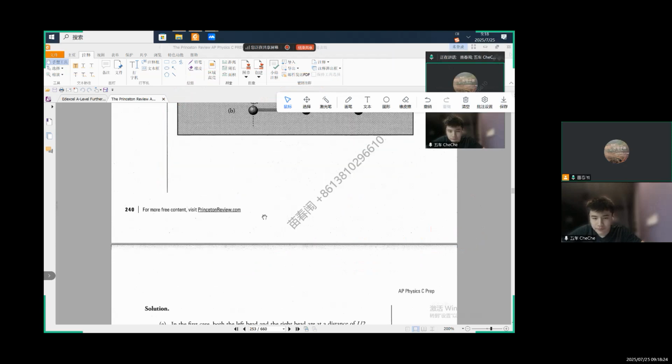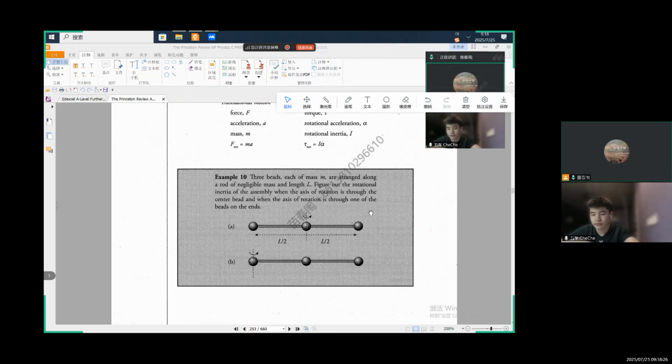Let's take a look at question B. Question B asks you, basically, what's question B? Figure out the rotation inertia for B. So how do you find it? That answers your question. How do you answer B? Inertia. I know it's something with this, so you would put... Let me get this pencil.